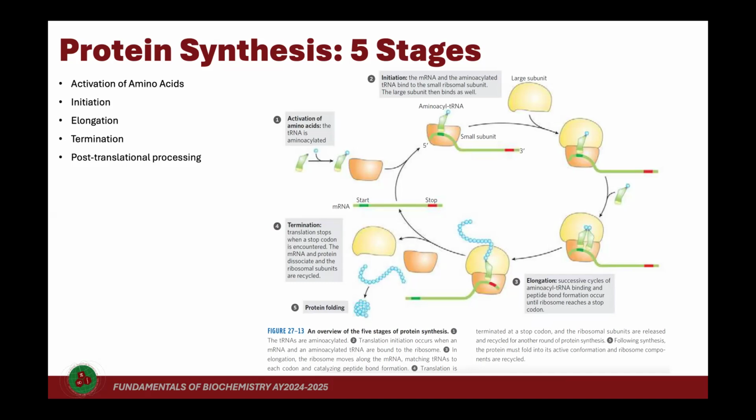So in the elongation part, we will also be talking about the mechanism, but the mechanism is just a repetition of itself. So it's a cycle, depending on how many amino acids you are going to incorporate into the polypeptide chain. And then you have termination. So you release the protein molecule from the ribosome, and then these ribosome molecules will do another round of protein synthesis.